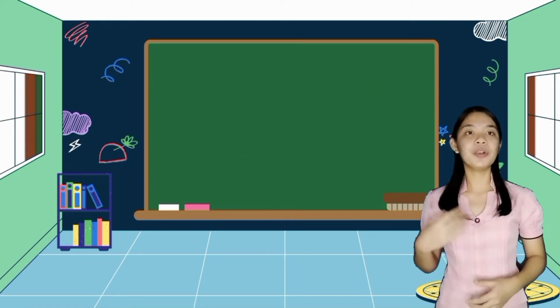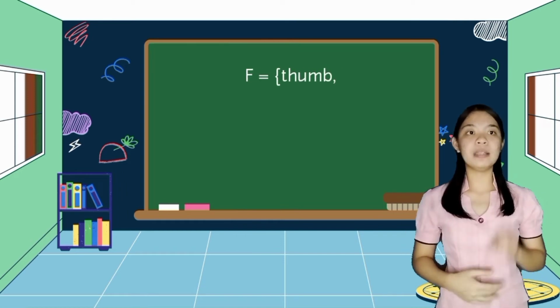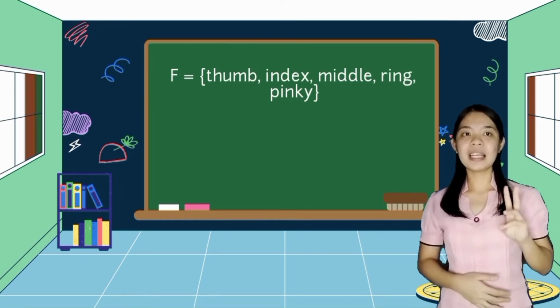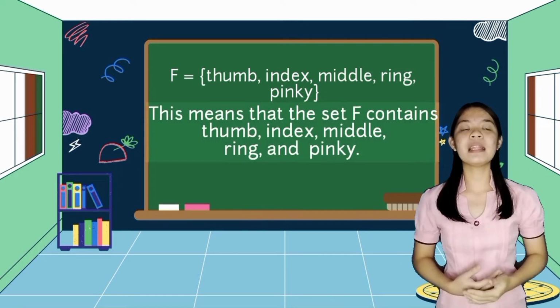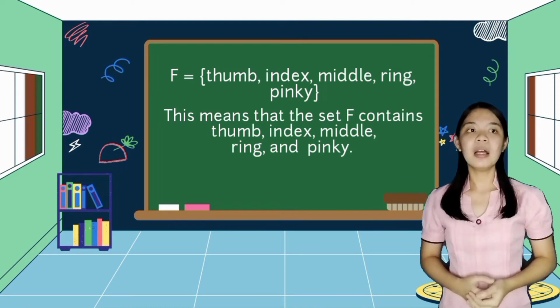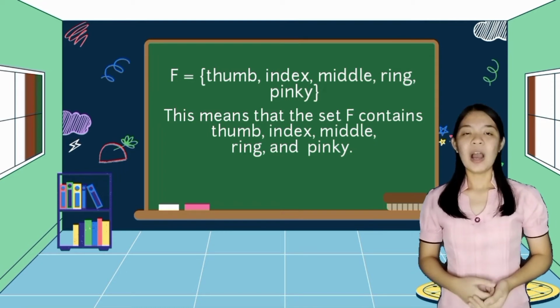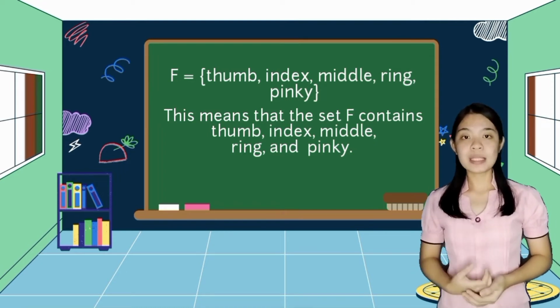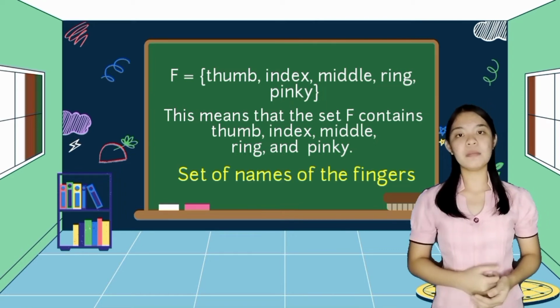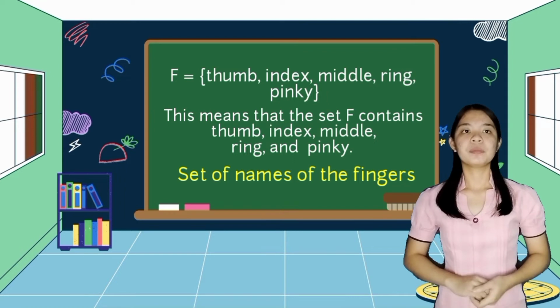Another example, we have F is equal to thumb, index, middle, ring, and pinky. This means that the set F contains the thumb, index, middle, ring, and pinky. So, it shows that the set F contains the names of the fingers.